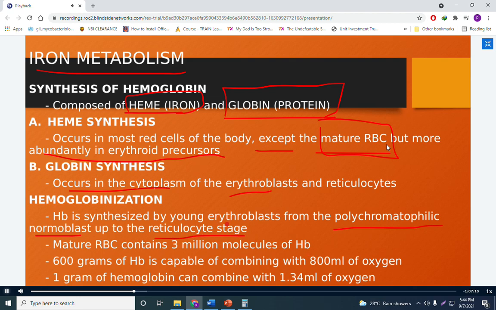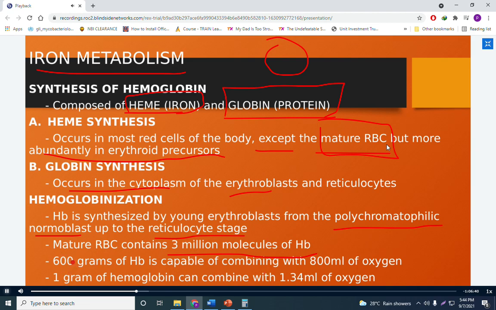Remember class, your hemoglobinization starts as early as polychromatophilic normoblast stage until the reticulocyte stage. Now, your mature RBC contains 3 million molecules of hemoglobin. Imagine, in one RBC, there are a lot of molecules: 3 million molecules of hemoglobin.